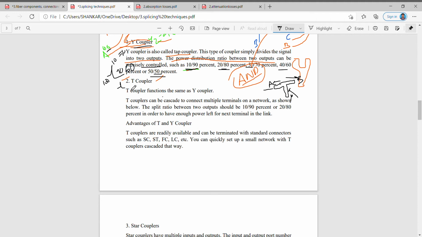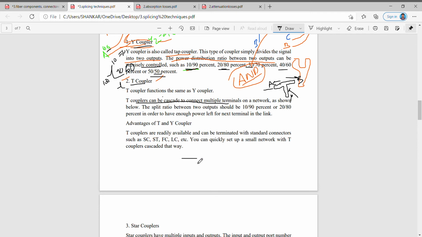The other one is the T coupler. The T coupler is the same as the Y coupler. The T coupler can be cascaded to connect multiple terminals, and we can use it to connect multiple networks.